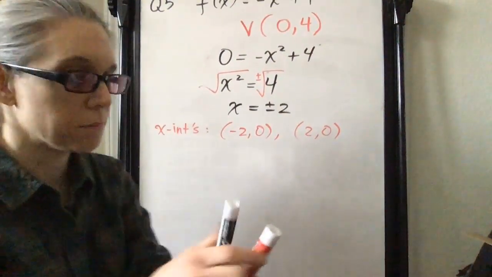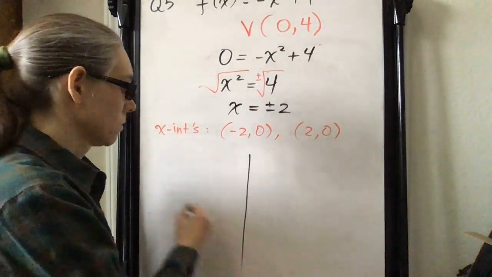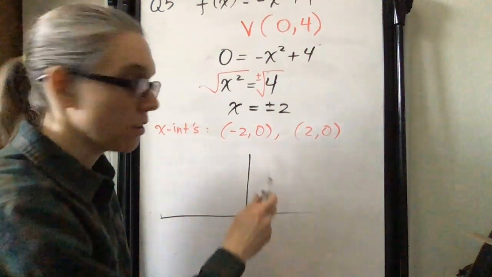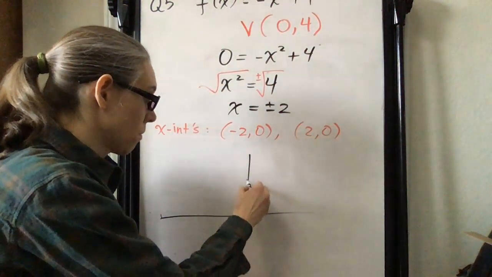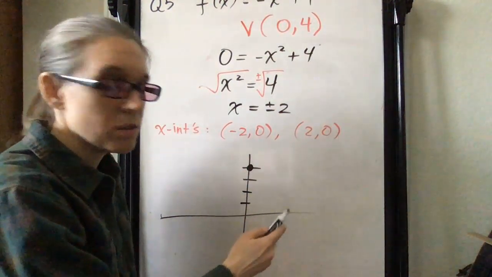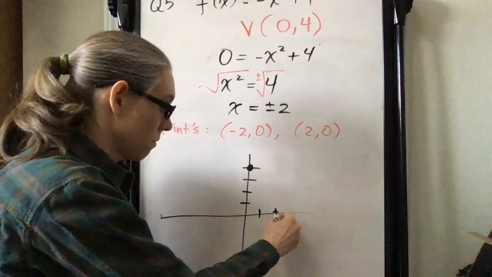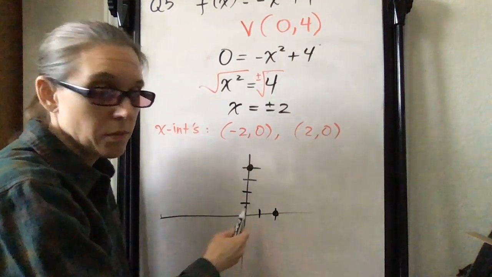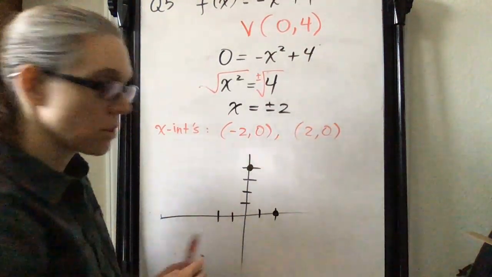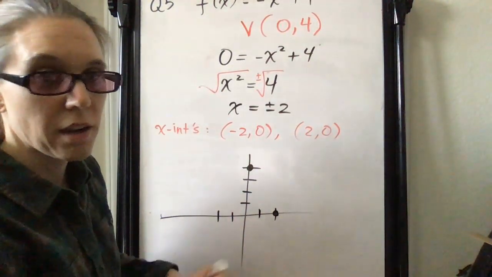So when you go to graph, you can simply put the vertex at 0, 4. And then pick the point 2, 0 or -2, 0. It will automatically now draw the curve for you by just having those 2 points right there.